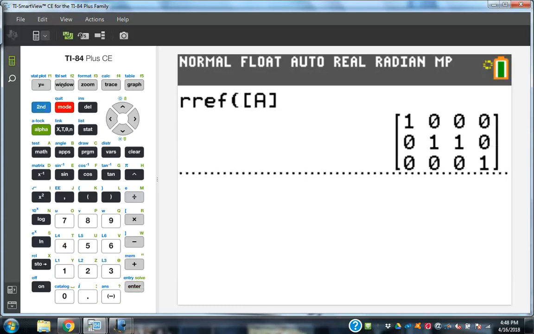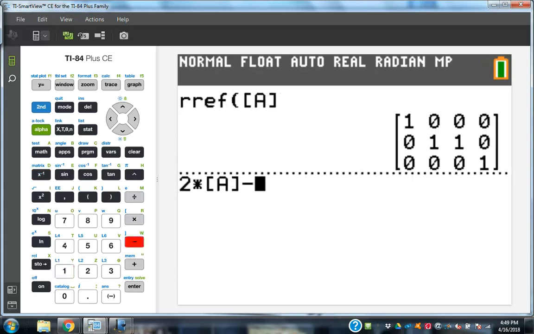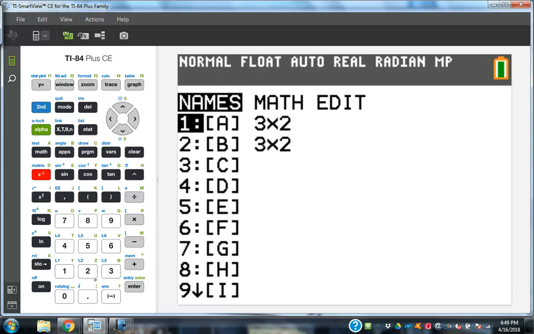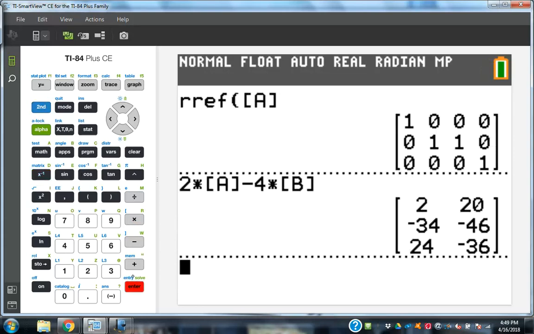And then to get your calculator to crank out that 2A minus 4B, you say 2 times matrix A minus 4 times matrix B. Enter. And we get exactly what I got by doing it by hand. But you can get the calculator to do that for you.